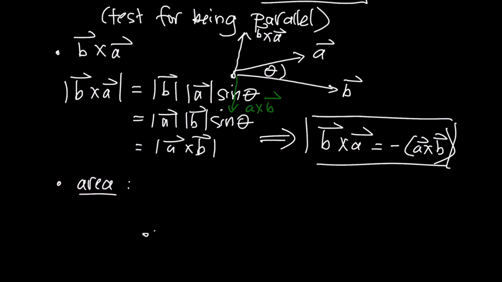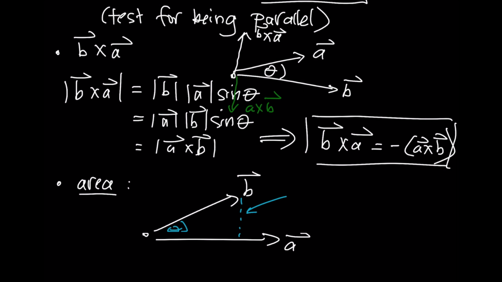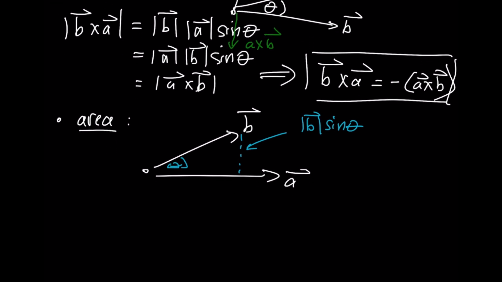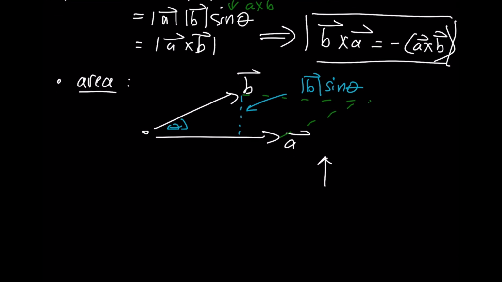Another useful result is to do with area. If you had two vectors, like so, there's an angle between them. The length there would be B sine theta. If we were to draw a parallelogram, then this component is a triangle, and it's exactly the same shaped triangle as we had above.